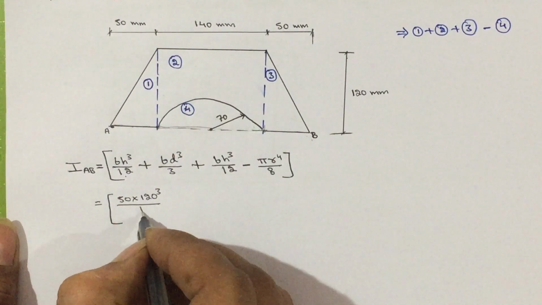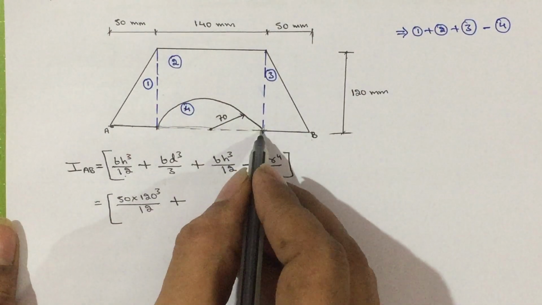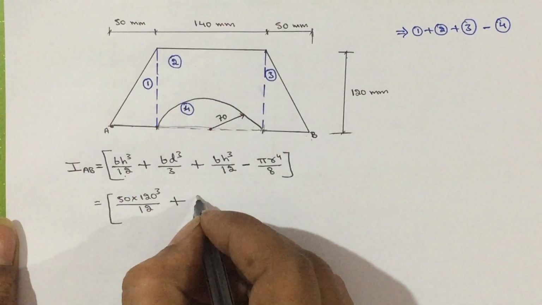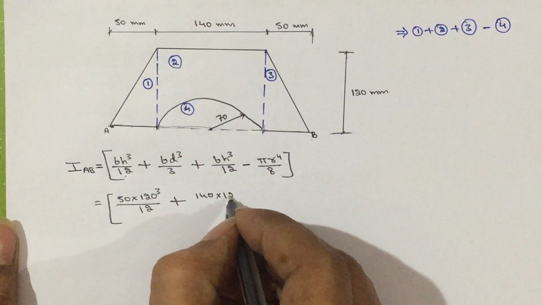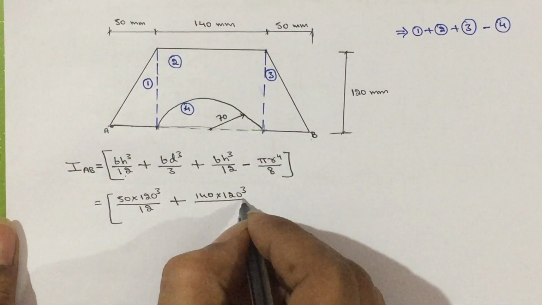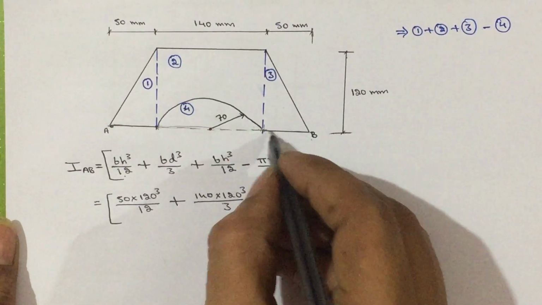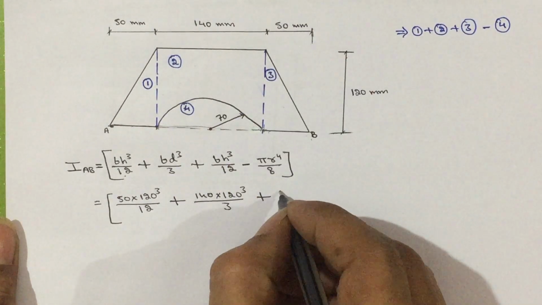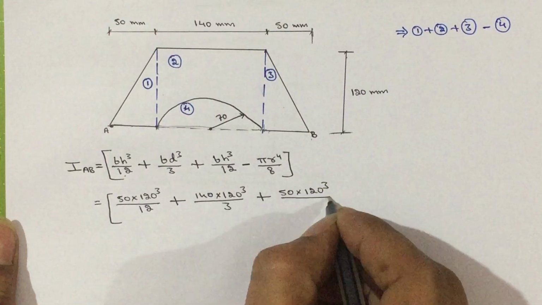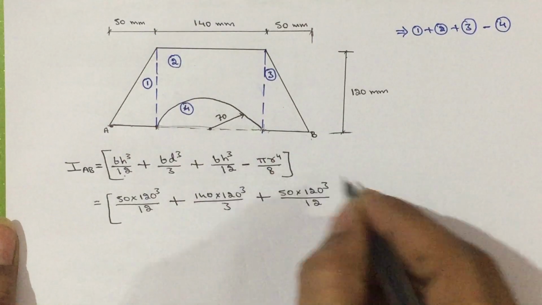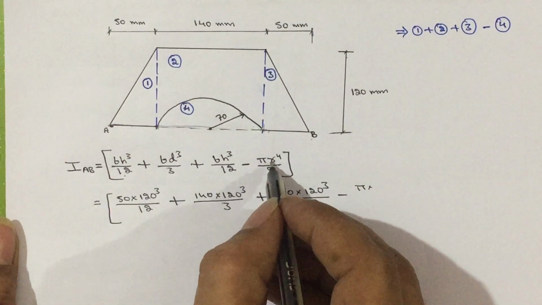So, divided by 12 plus, if we come to the rectangle, B is how much? 140 into D is 120 divided by 3 plus, for third one B is how much? 50 into H is 120 divided by 12 minus pi into r.